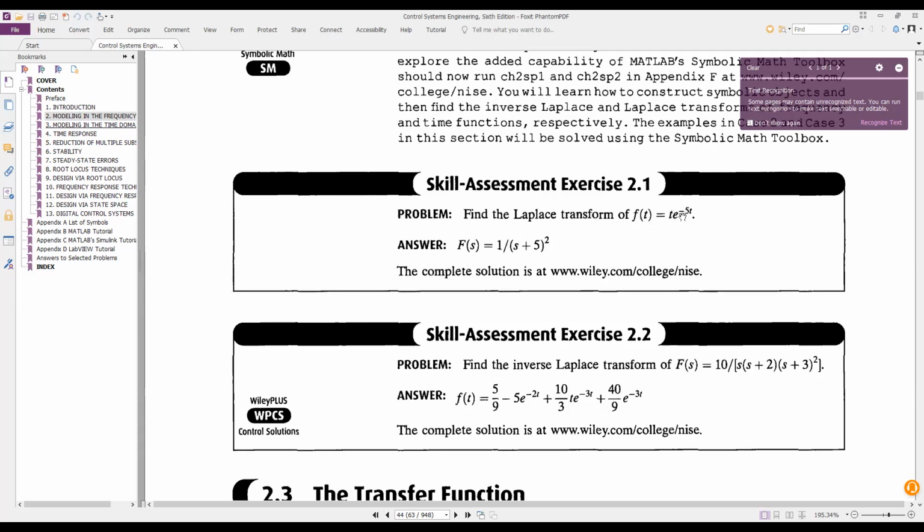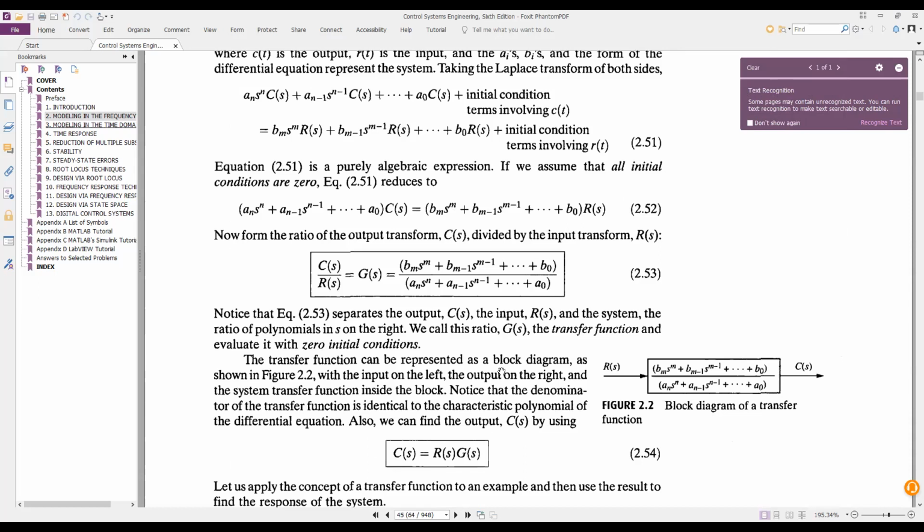It is easier. Integrate it, and you get 1 by s plus 5 whole square. And the inverse Laplace transform. You can check this at your home.